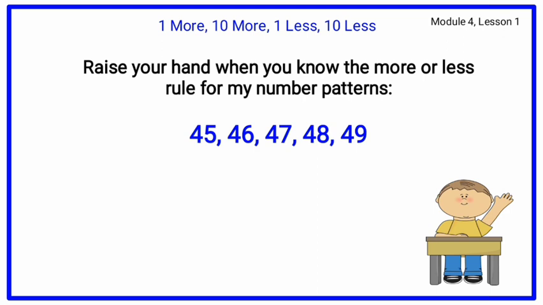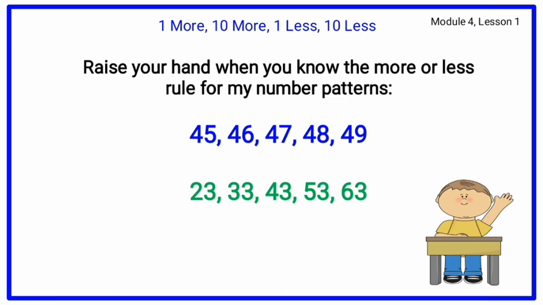Are you with me? The ones: 5, 6, 7, 8, 9. So this shows my number pattern is 1 more. My number pattern is what? 1 more. Good. Okay, now look at this other pattern.